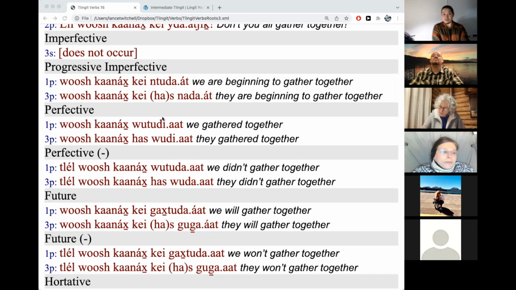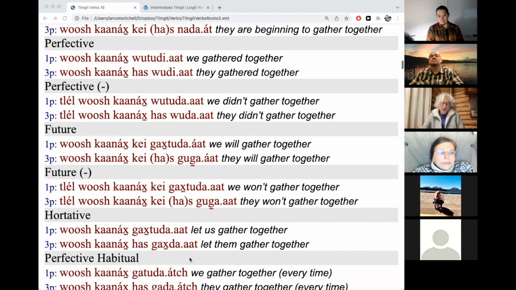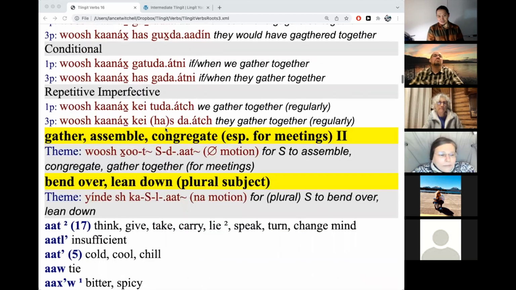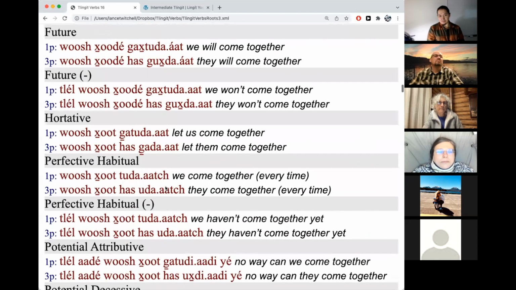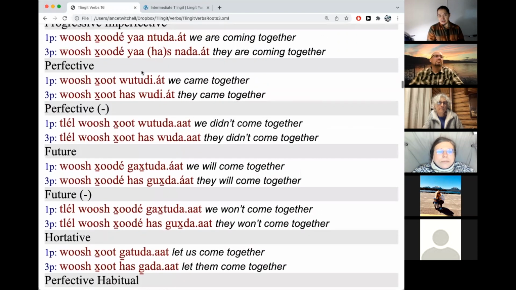So that's another way you could say it. And then if they prefer chut, it's very similar. So you just say wush chut, but you'll see it's short. Wutuda'at. So you'd have wush chut auda'at. So again, that would be people gathered together. So that's what would change.